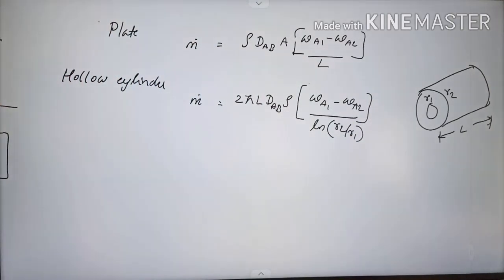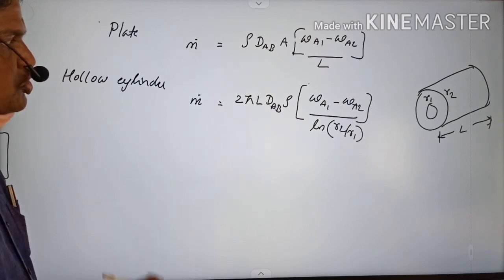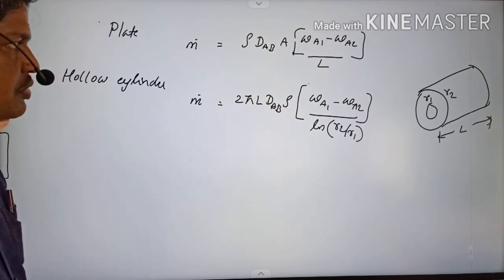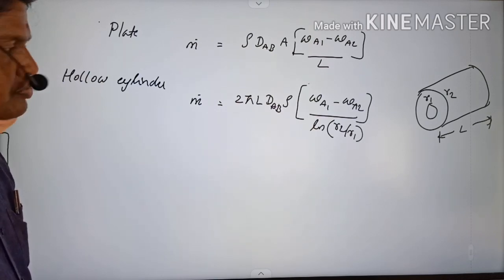Okay. Compare with conduction: the same equation, conduction is 2 pi L k into T1 minus T2 by ln R2 by R1. Here we have 2 pi L dAB into rho.